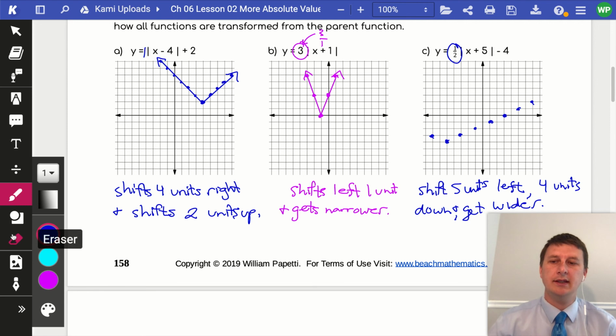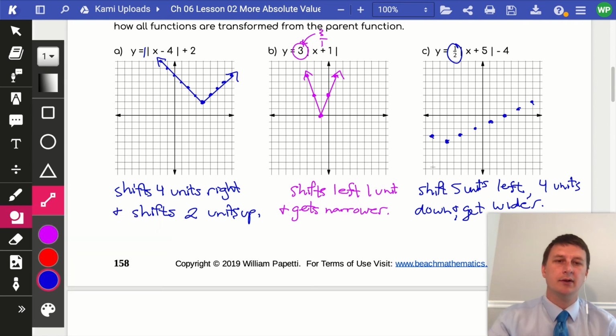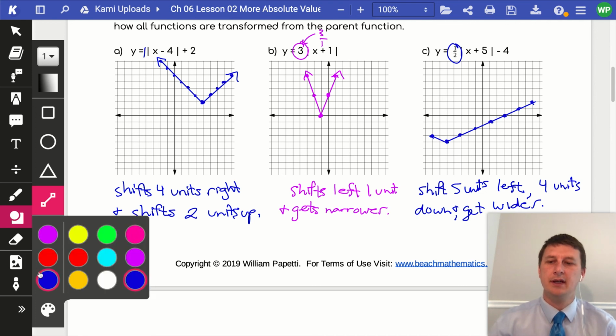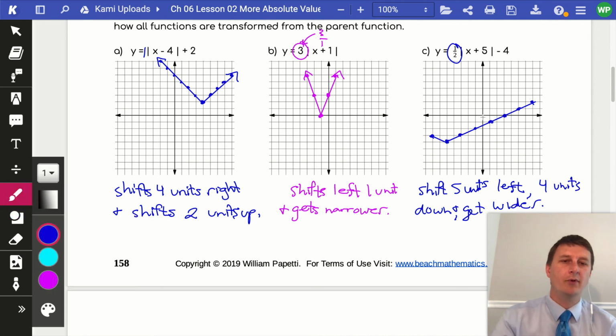And when we connect these points, it'll really be clear where that V-shaped graph is. There it is. So here we have the V-shaped graph, the vertex right here, 5 units to the left and 4 units down. You can also notice that this is definitely wider than the parent function because it looks like it's being stretched right there.